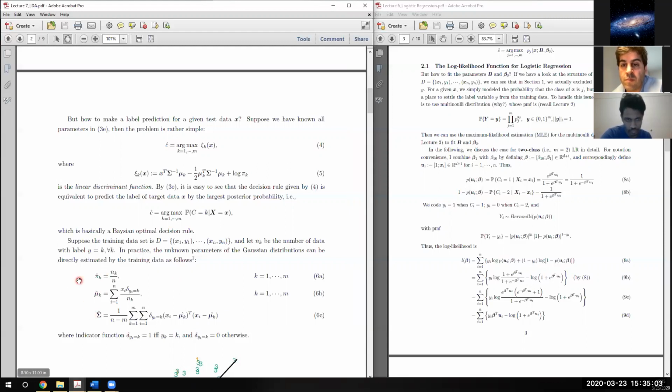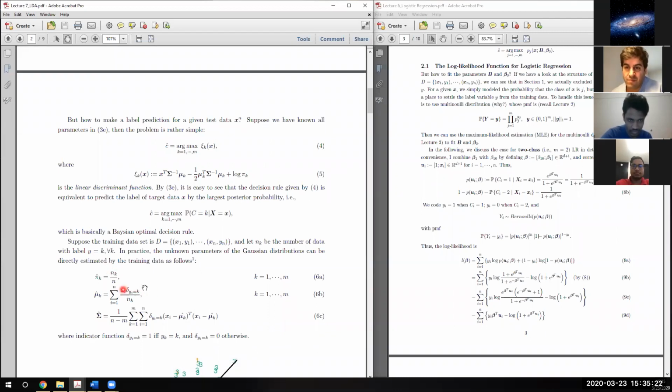For example, y1 equal to -1, y2 equal to +1 versus y1 equal to +1 and y2 equal to -1. They are the same. Why? Because here I just care how many of them are k, and it doesn't matter because here I do have a delta function. Again, delta is the indicator function. I have used it many times in my lecture, so I think you're familiar with my notation here.